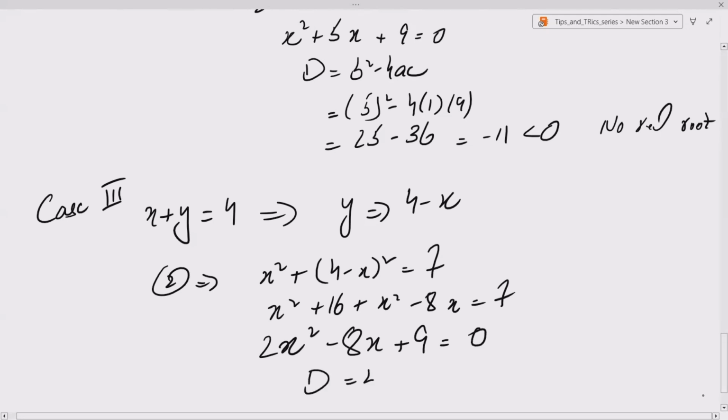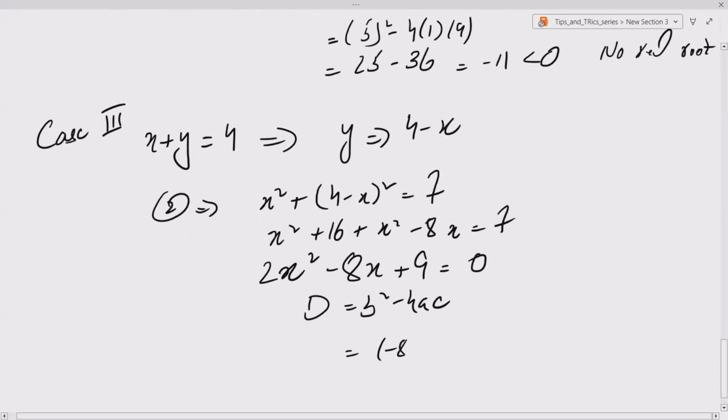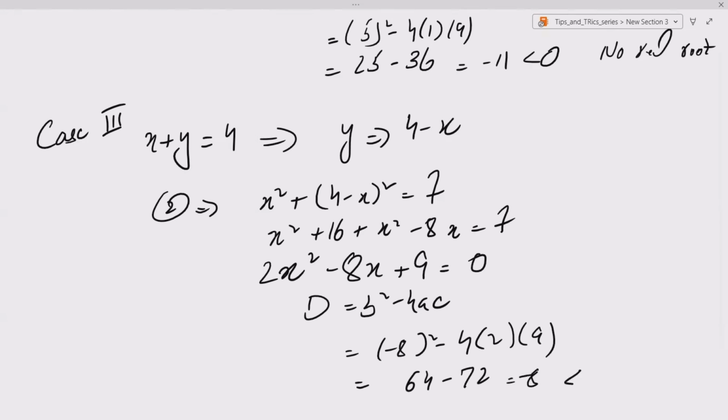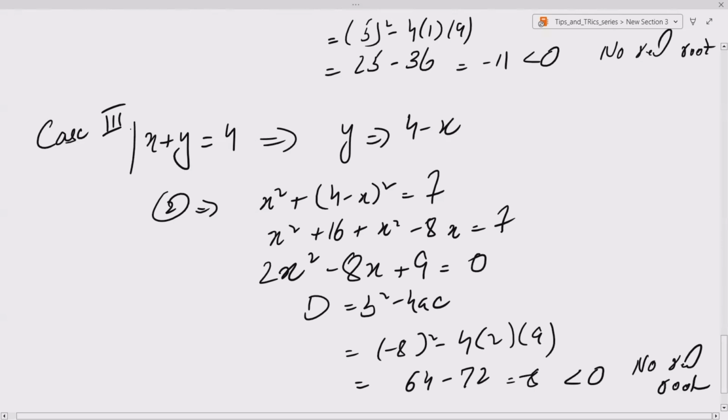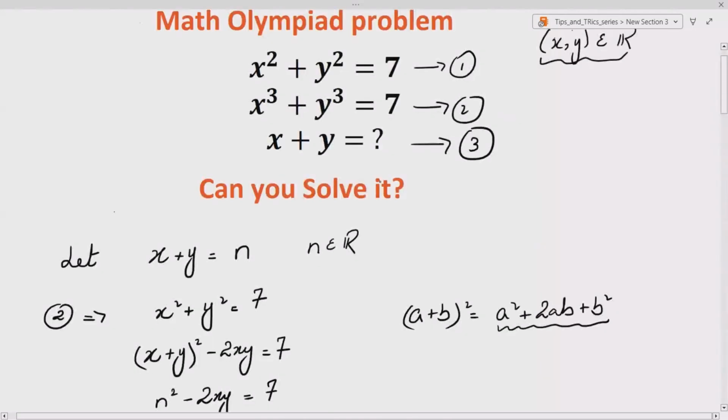Again, b square minus 4ac: minus 8 square minus 4 into 2 into 9, so 64 minus 72, which is minus 8, less than 0. So no real roots, right? It means this solution is also not the answer. So the only answer for this equation is x plus y equals 1.